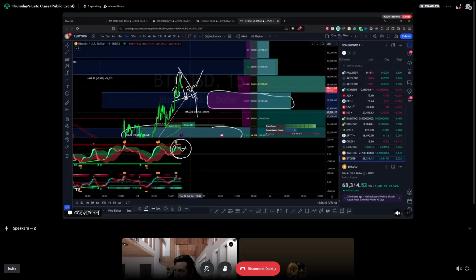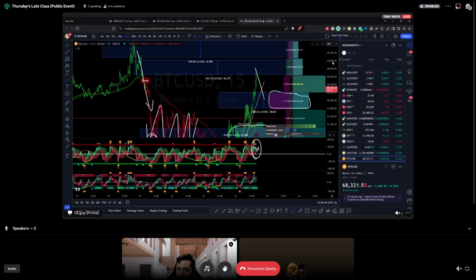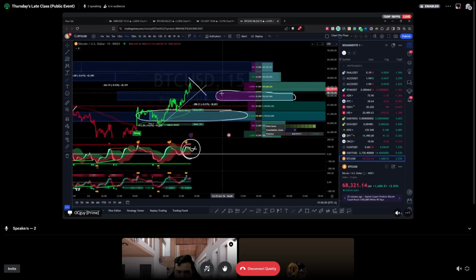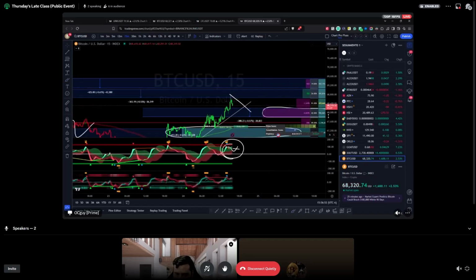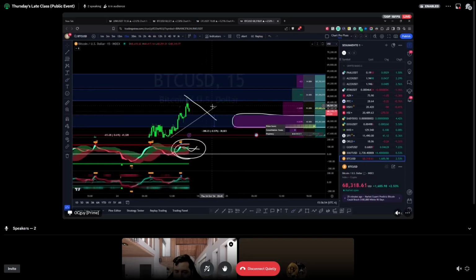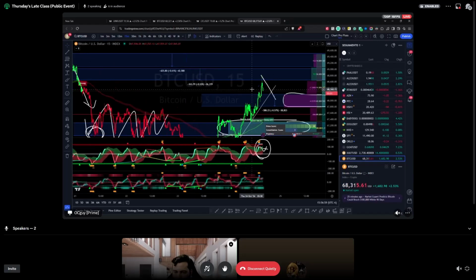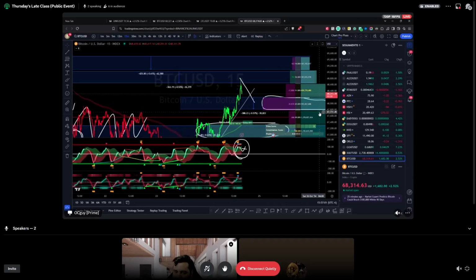Exactly. So by understanding what is a smart money area and what is a retail area, we can take decisions. Like for example, right here, it is too late for me. It is way too late. But right here, entering in a smart money area. But I see there's two smart money areas right here, one close to each other, which means that this smart money area could fail.